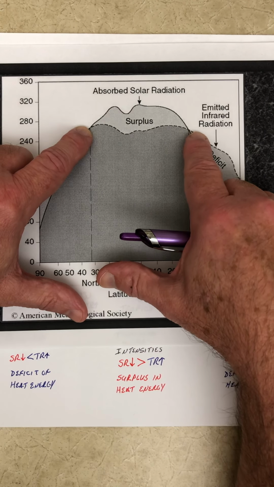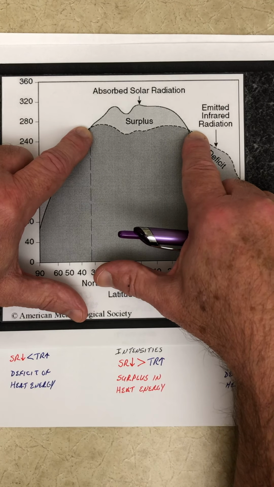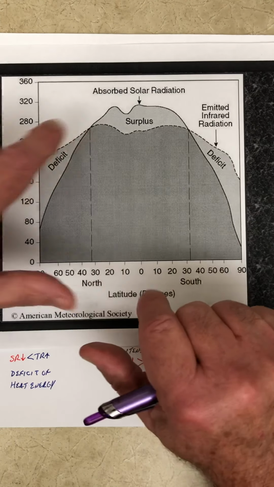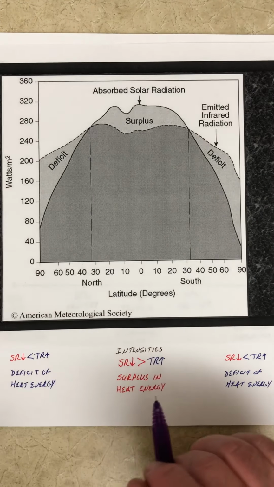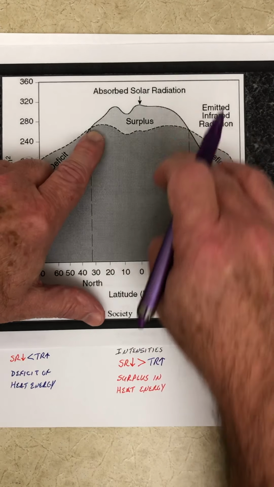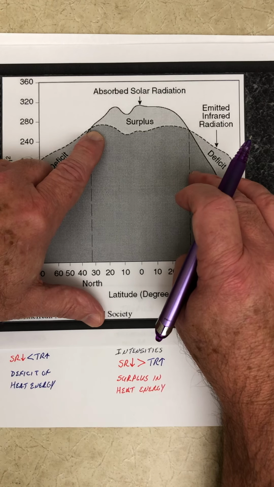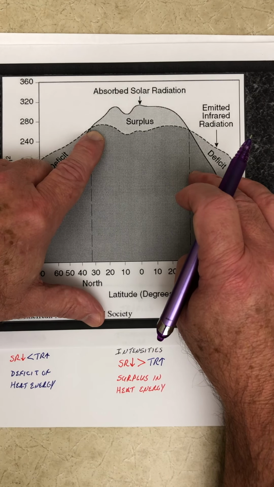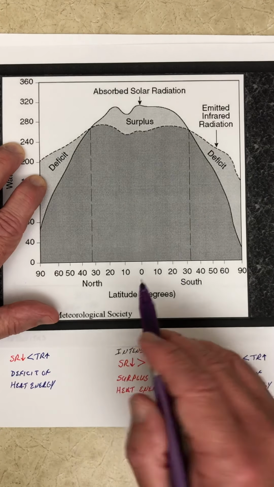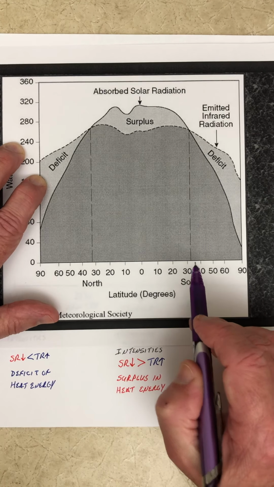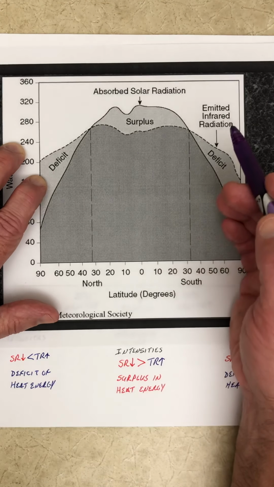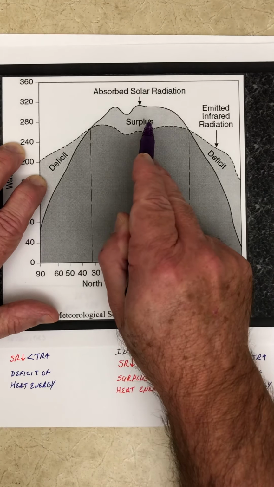There is a tremendous amount of outgoing terrestrial radiation, and that makes sense because if you remember Stefan-Boltzmann's law, the hotter the object, the more energy it emits. So the tropics are very warm, so they're emitting a tremendous amount of terrestrial radiation. But even though the tropics are emitting a tremendous amount of terrestrial radiation, the incoming solar radiation is still greater, and therefore you're building up a surplus.